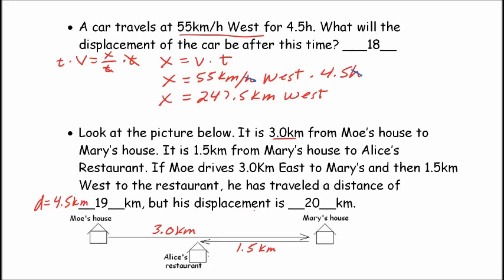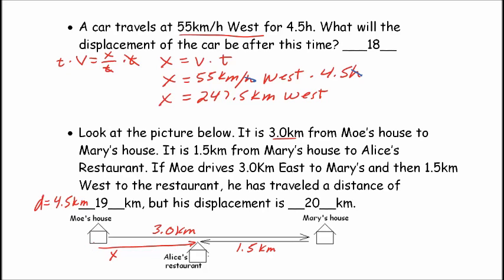But his displacement is, watch this, from the origin to the final point in his travels, that is his displacement. The displacement, if you recall, is the distance and direction between the starting point and ending point.